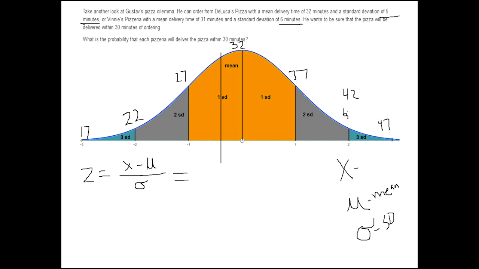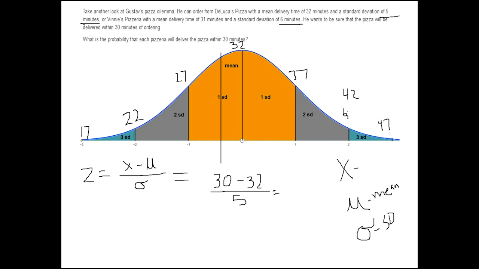So if we come into this problem, we said, well, it's going to take them about 32 minutes as the average. I need it in 30 minutes. That's our variable. That's the thing that can change. Our mean is always 32 minutes for DeLuca's, and his standard deviation is about 5 minutes.